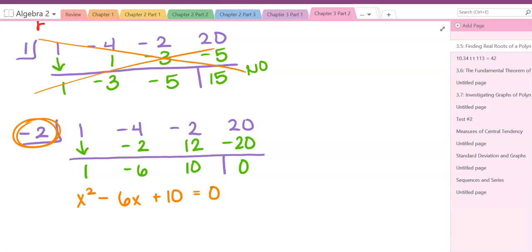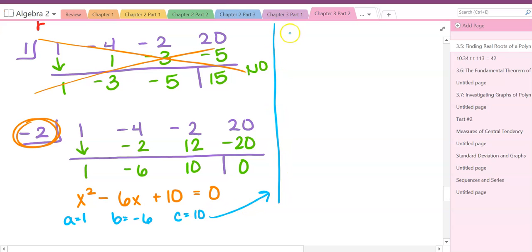So instead of factoring, we're going to use the quadratic formula for this one, which we did a little bit of on Monday. So just a quick reminder here, your A is a 1, your B is a -6, and your C is a 10. So we're going to go into the quadratic formula using these coefficients.